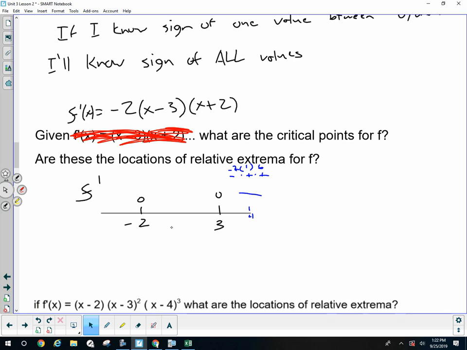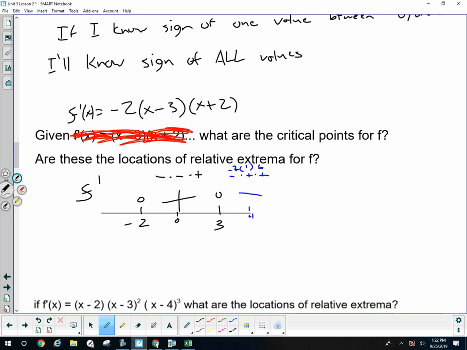If I plug in, say, 0, I'm not plugging in -2 or 3. Those are zeros. I know that. In between, I get -2 times -3 times 2. That's a negative times a negative times a positive.